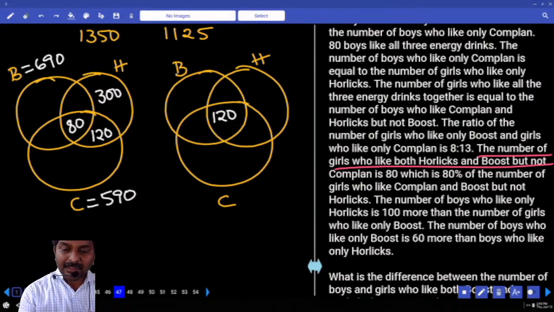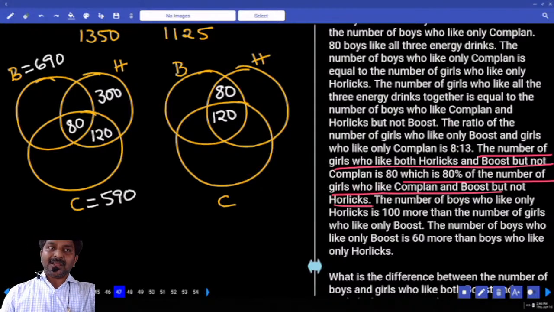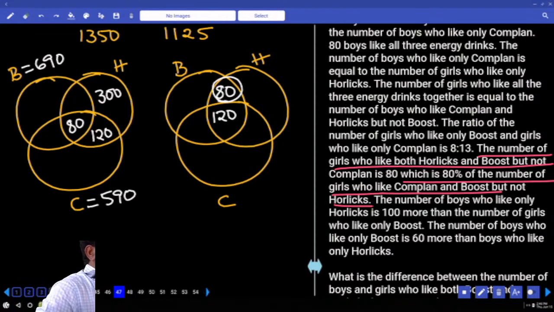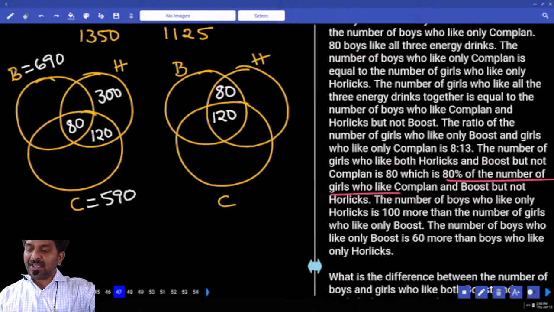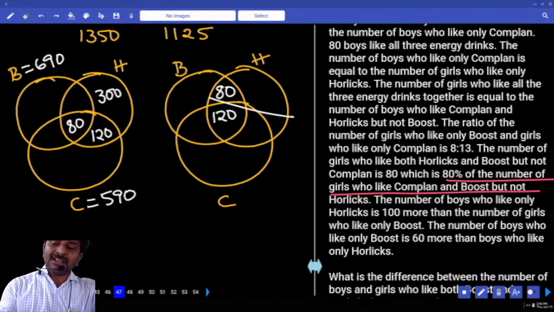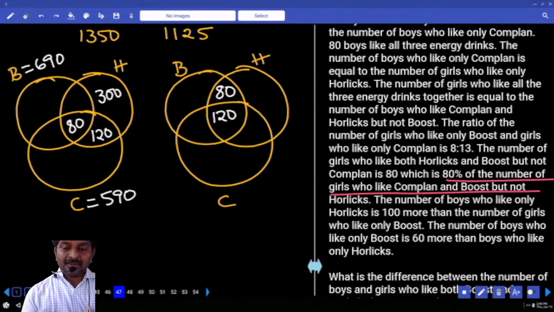How much is that? 80, which is 80% of number of girls who like Complan, Boost but not Horlicks. 80 is 80% of which number? 100 only. Yes, that's what I was asking. Horlicks must not be there, and it is common for Boost and Complan. So here you should get 100.